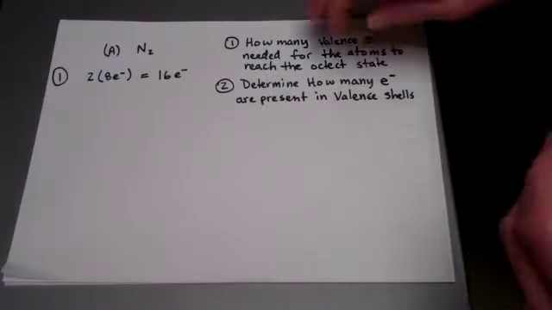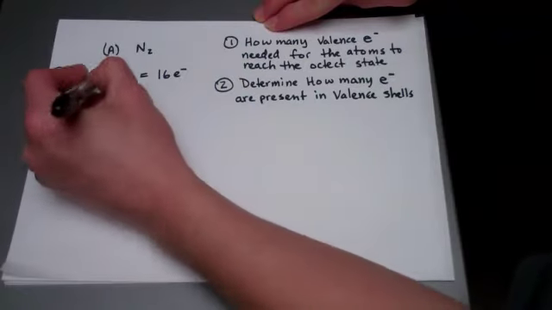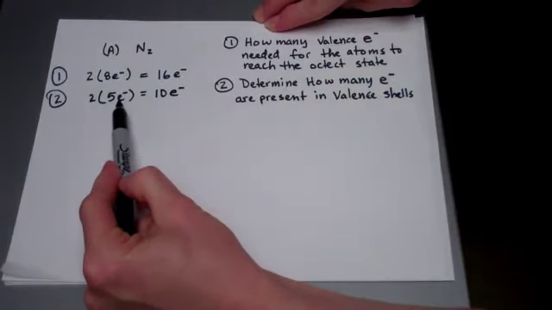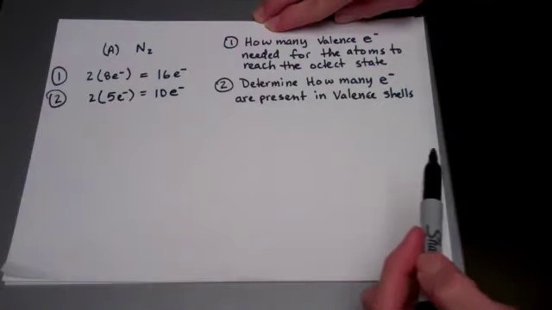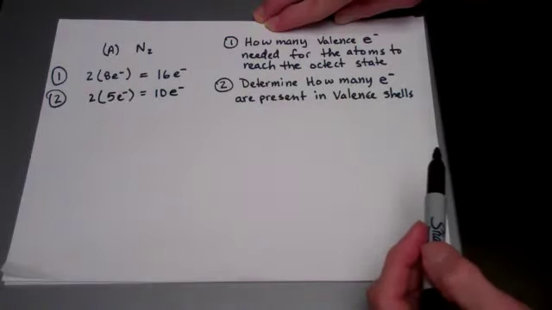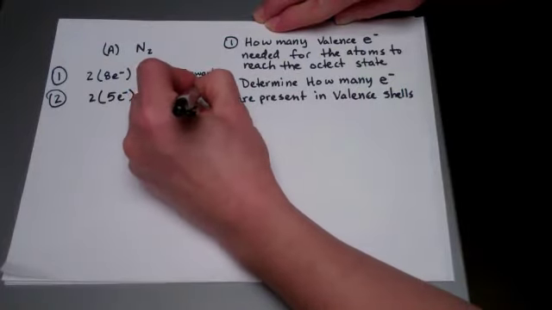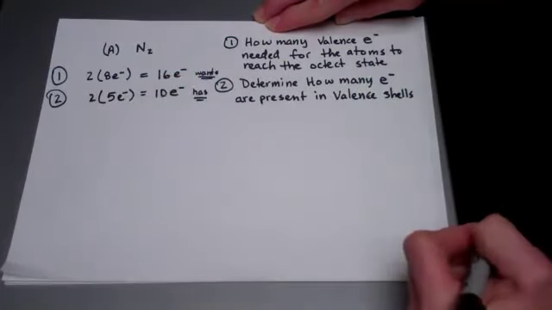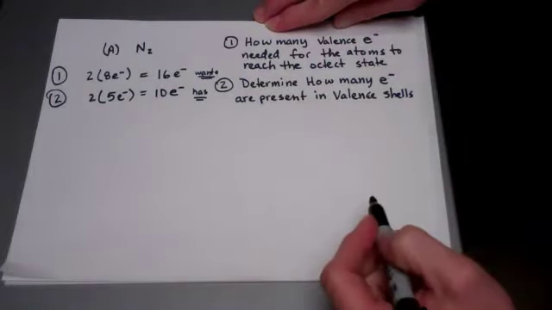It has 5 electrons in its valence shell. So 2 times 5 electrons shows that there are 10 electrons available for the nitrogens. This is what it wants, this is what it has so far, and now we need to figure out how many they need to share to get there.